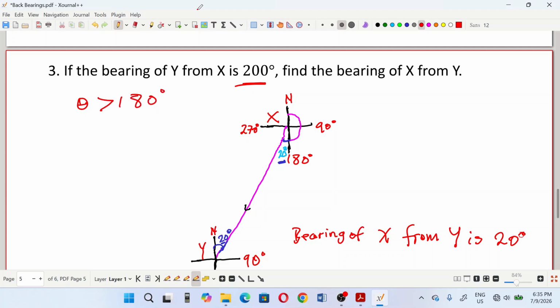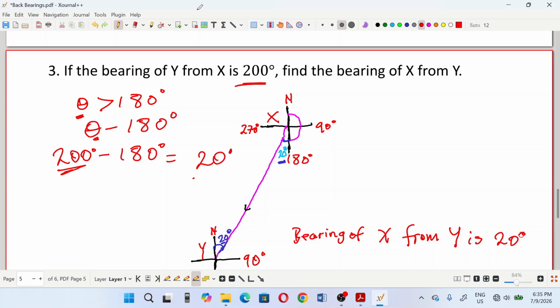Therefore, if you are finding the bearing of X from Y, it's just going to be the theta that has been given, which is 200, minus 180 degrees. Because the formula says since theta is greater than 180, it's going to be theta minus 180 degrees. And now our theta is this 200. So it's going to be 200 minus 180 degrees. And the answer is going to be 20 degrees, which is the same as when you drill it. When we drill it, we had the same answer.